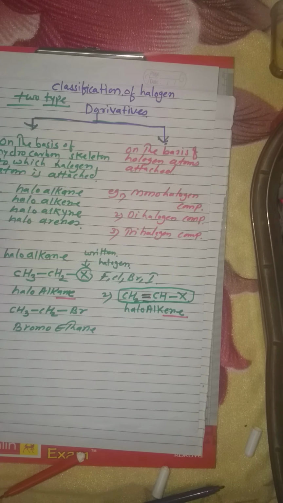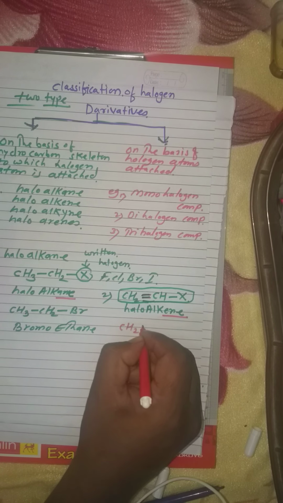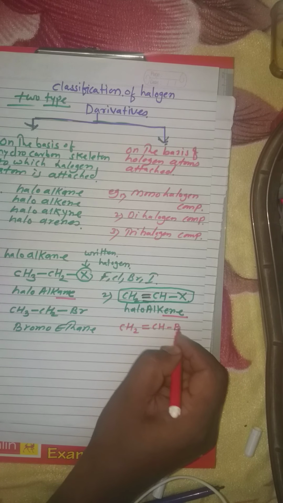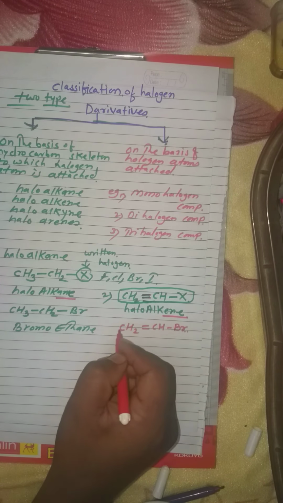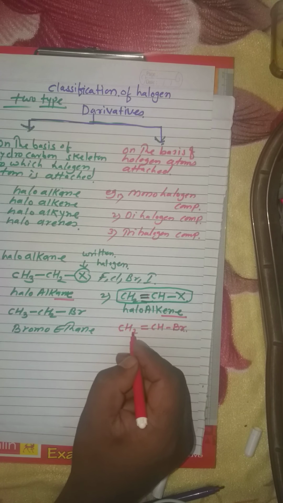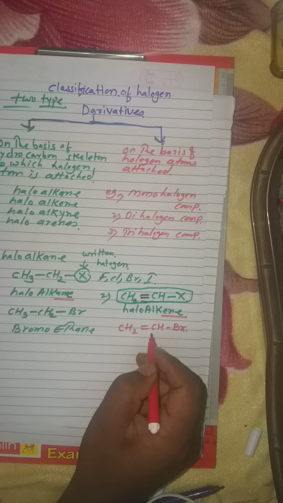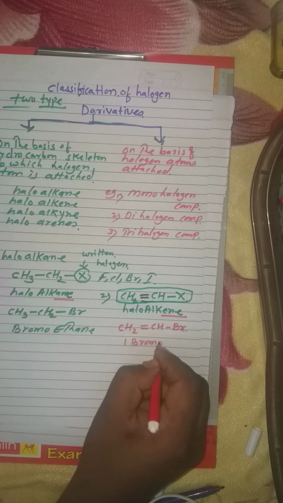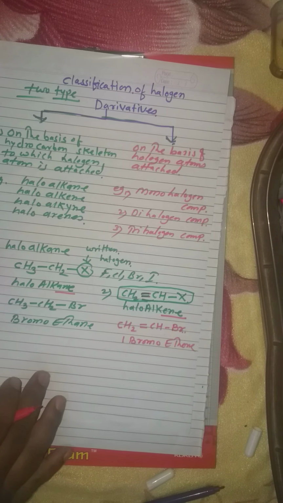That means when we are taking the example of CH2 double bond CH Br, for example. Now, what should be the name? Two carbon atom means what? Ethane. But presence of double bond makes it ethene. Bromoethene is the name of this compound.